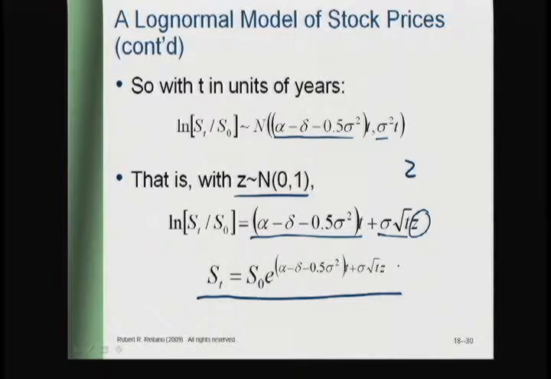This is a very useful formula, both theoretically in its continuous form, where Z is continuous standard normal, but also because of what it implies about simulating S_t values by first simulating some Z values.